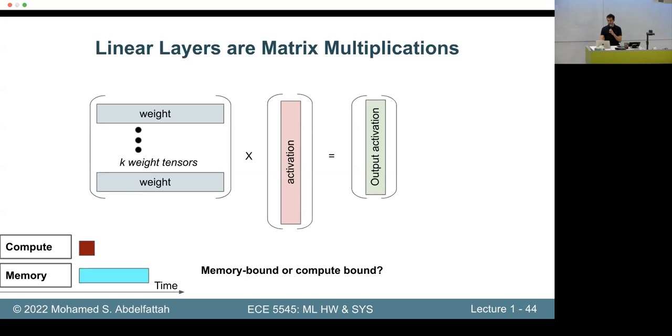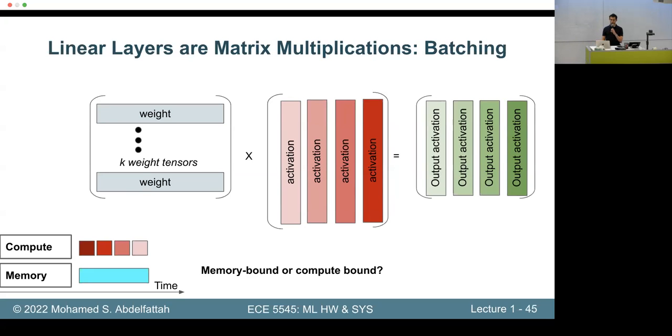The way people usually get around that is by batching. That means adding multiple activations related to different inputs, and then you have a matrix multiplication. Depending on the batch size, you can hide most of the memory latency and turn this into a balanced workload.